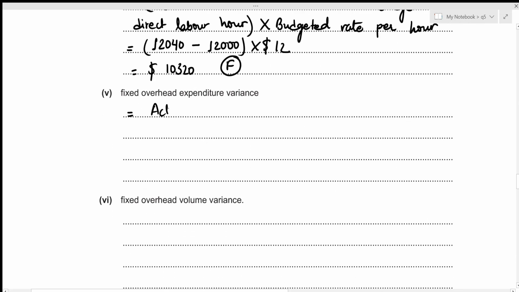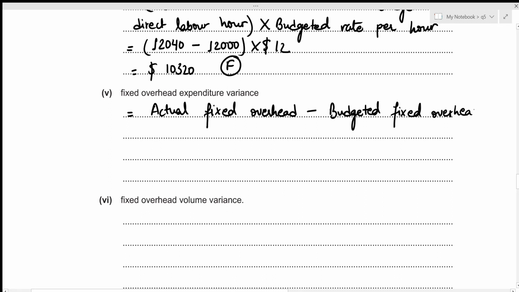So that's going to be actual fixed overhead minus the budgeted fixed overhead. And we had our actual fixed overhead to be 43,600, whereas the budgeted fixed overhead was 42,000.